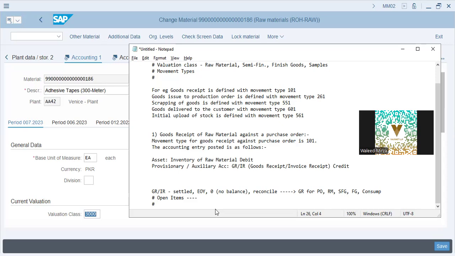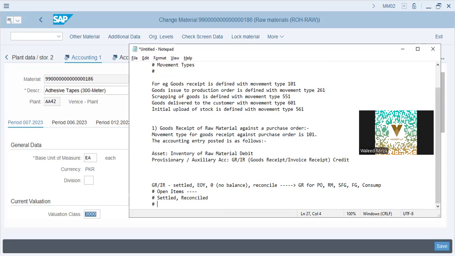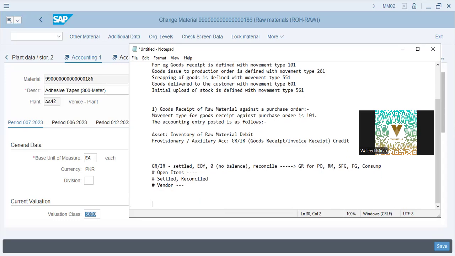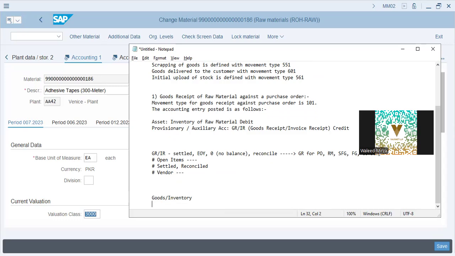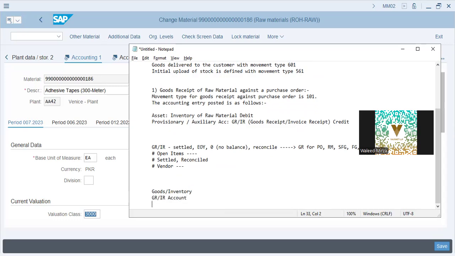So what are open items? Open items are those which have to be settled or reconciled, right? Like in vendor, what happens is that you acquire goods or inventory against the GRIR account.